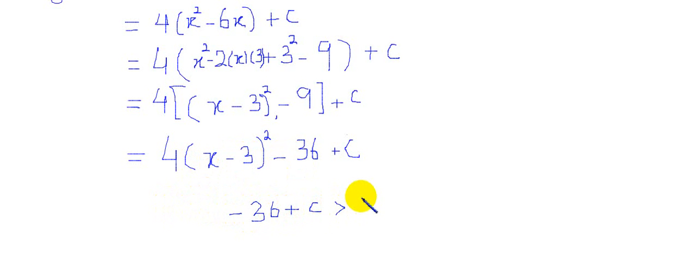If it's not greater than 0, then there is a chance that it might not be true for all values of x, then this will not be positive for all values of x. So it must be greater than 0, right? So if it's greater than 0, then this implies that c is greater than 0. So c is greater than 0, this means c must be positive.